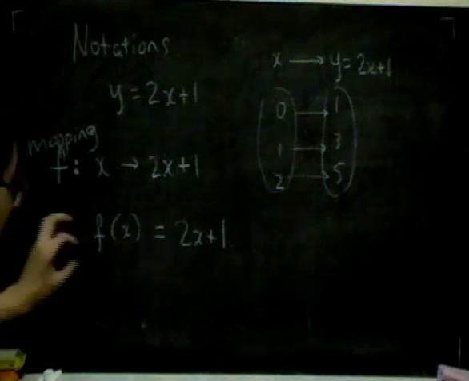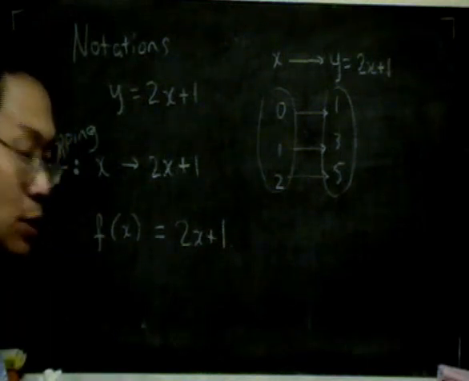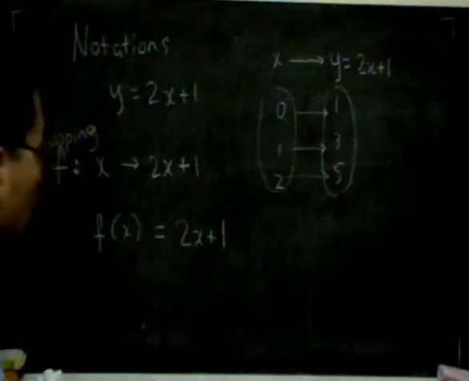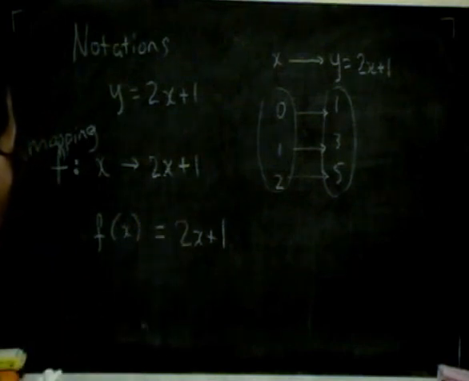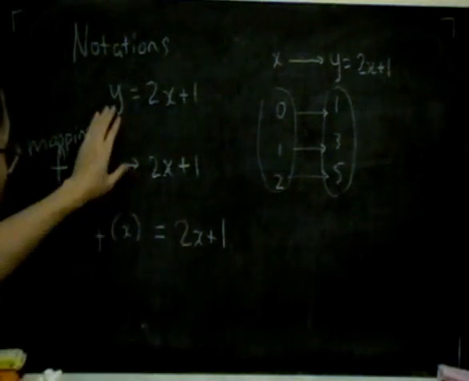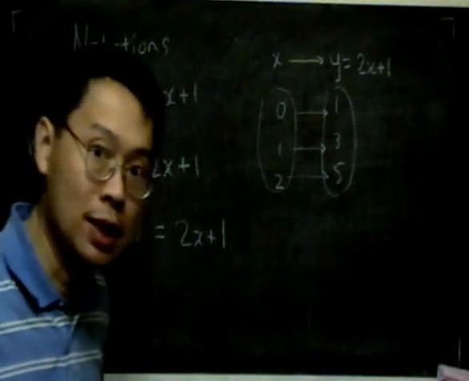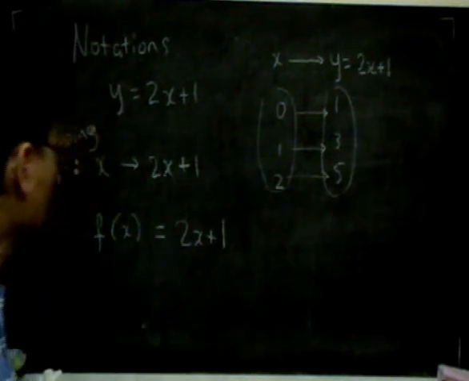Now, this way of writing it is convenient when we need to do calculations, when we need to actually calculate values of y, and it makes it easier to write things down and easier to see what you're doing.